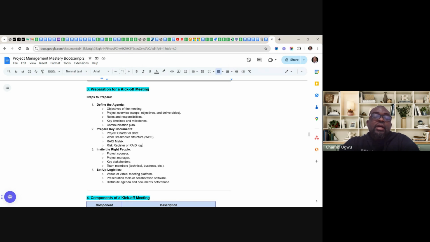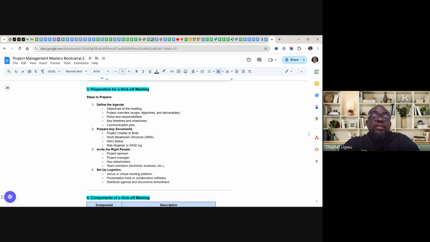And then the work breakdown structure. If you can draft the work breakdown structure before the meeting, to help break things down for everybody to understand, it's going to be very good. And then the RACI matrix. If you have done a RACI matrix, it's a way to make sure that everybody understands their roles and responsibilities.